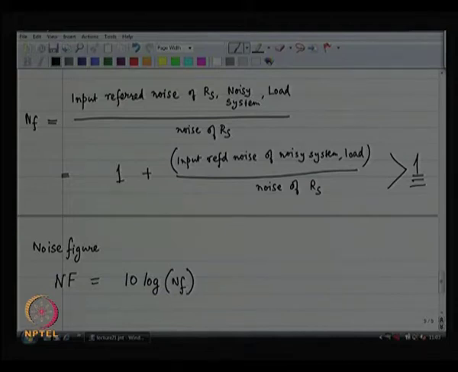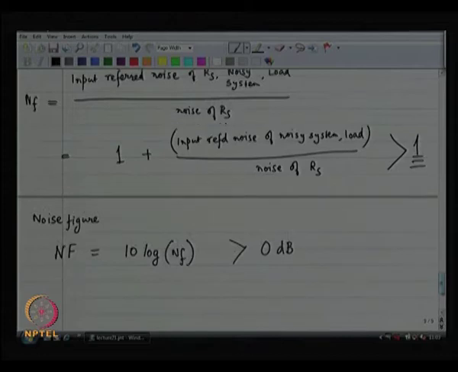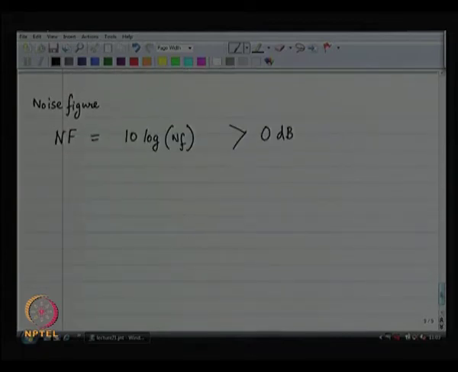And since the noise factor is going to be at least 1, the noise figure is always going to be more than 0 dB. Okay, if noise factor is 2 for example, then the noise figure is 3 dB. The third definition is noise temperature.